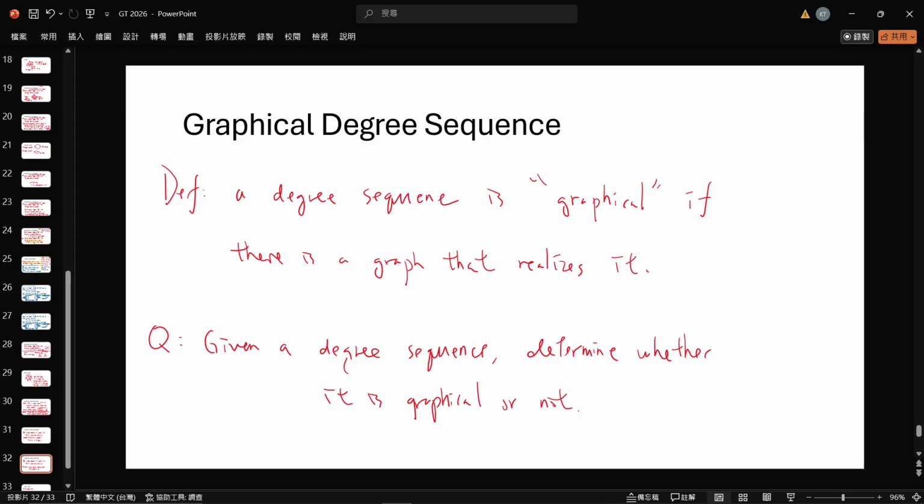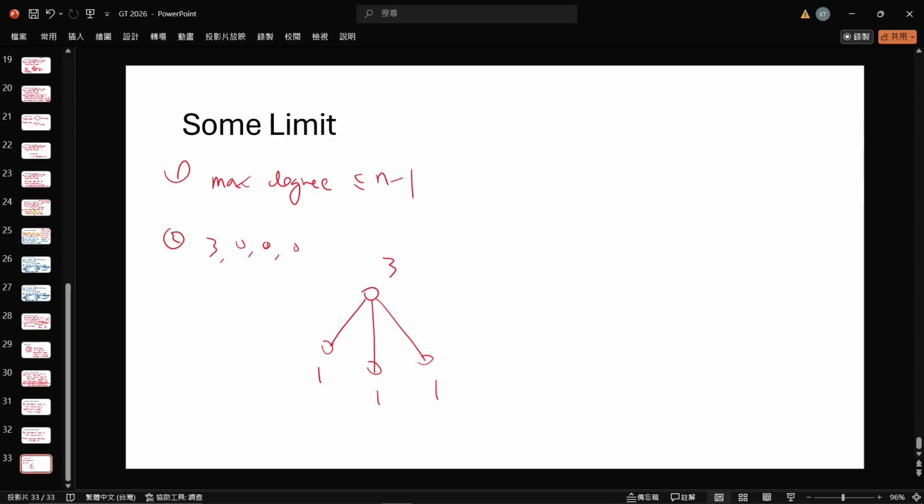So we want to develop some kind of algorithm, because there's no simple rule that can be used to test whether a degree sequence is graphical or not. But there are still some simple checks that you can do. We know that the total degree must be an even number.